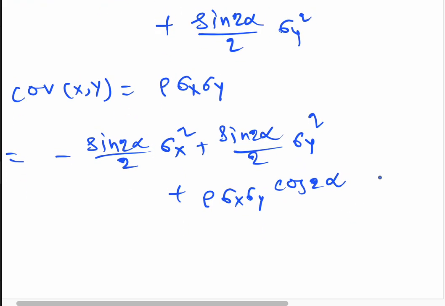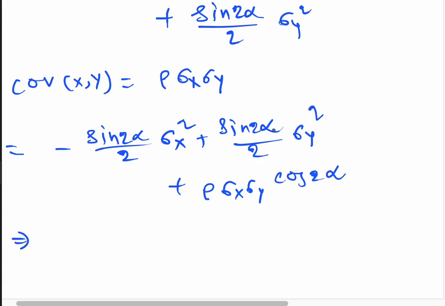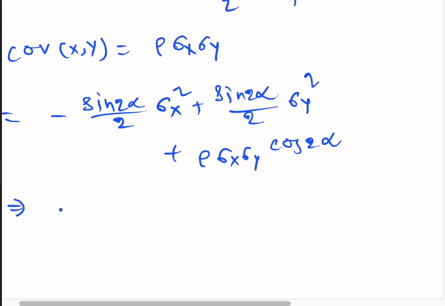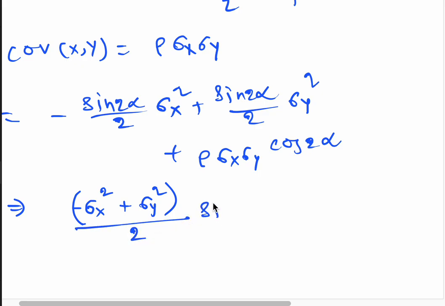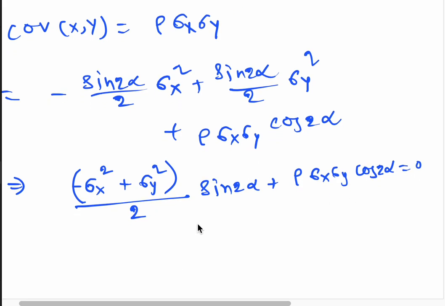For the independence condition, these terms should be 0. So (sigma x square minus sigma y square) by 2 times sine 2 alpha plus rho sigma x sigma y cos 2 alpha should be 0.